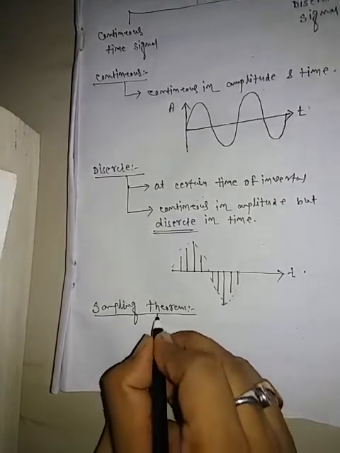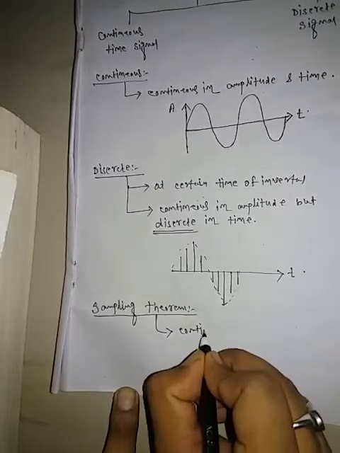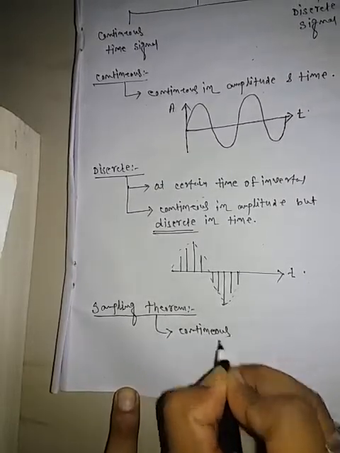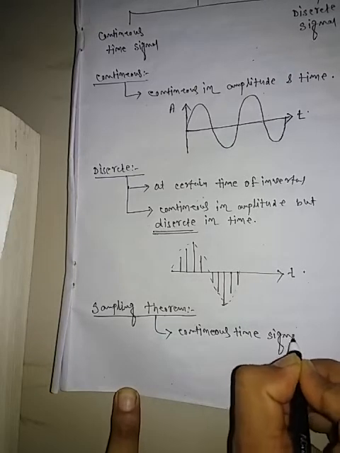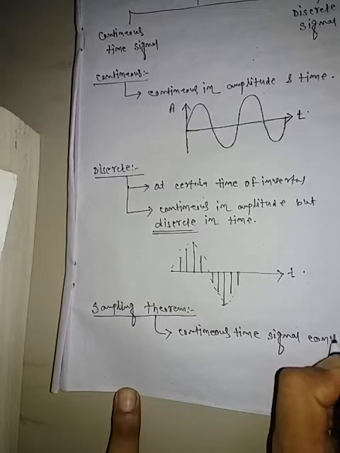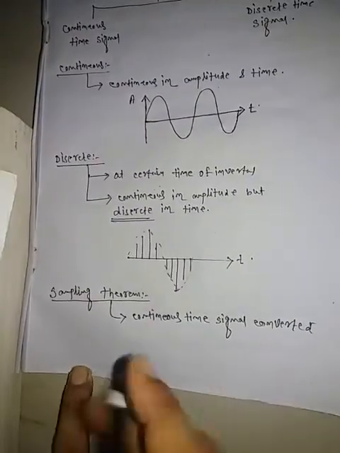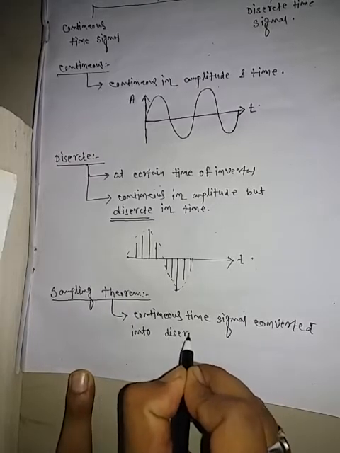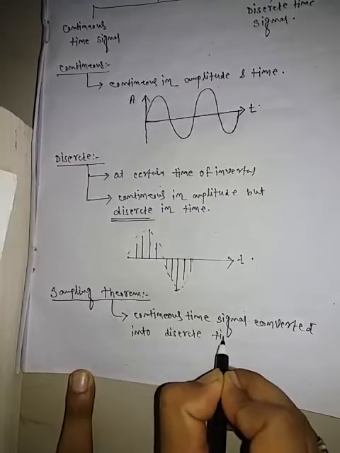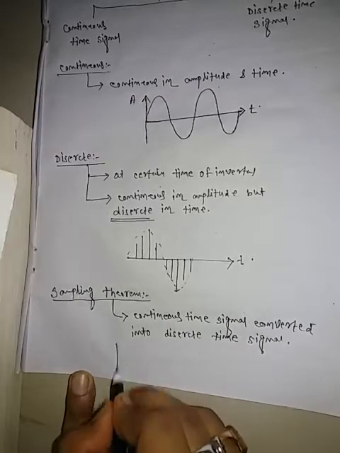By the use of the sampling theorem, a continuous time signal is converted into a discrete time signal.